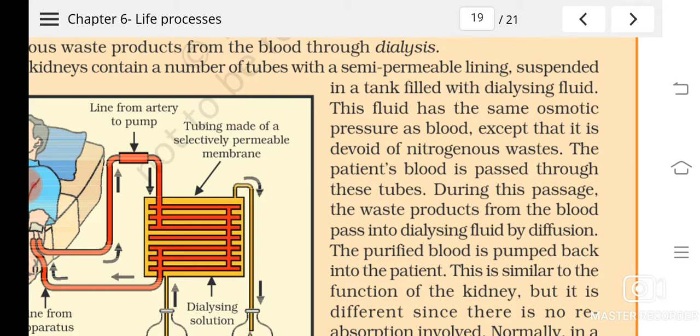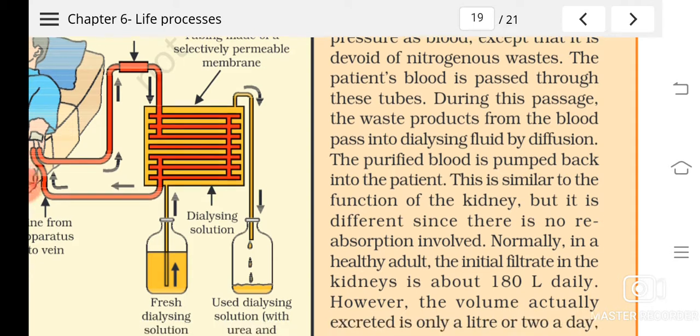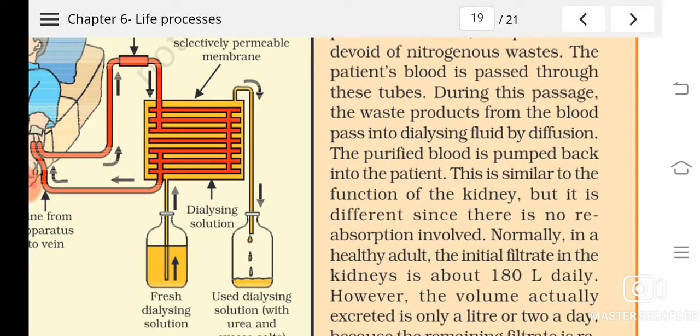So the tubes having semi-permeable membrane are immersed in a liquid which has the same osmotic pressure as that of the blood. Then what is the difference? There won't be any nitrogenous waste materials.